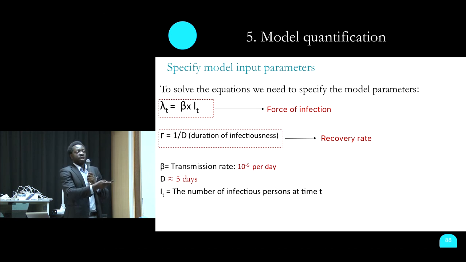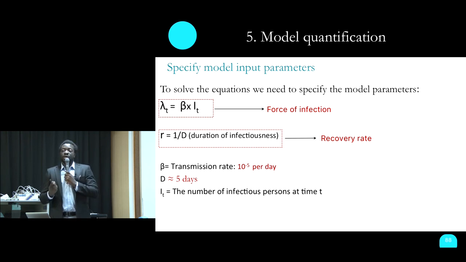So this is the formula. As I mentioned, if no one is infectious, the force of transmission is 0. So the number of infectious people in a given population gives you an idea about the risk of transmission in that population.